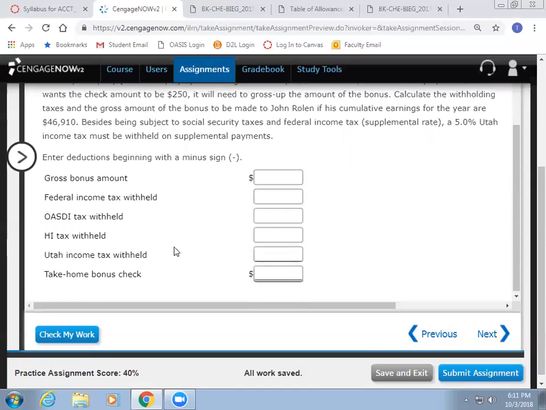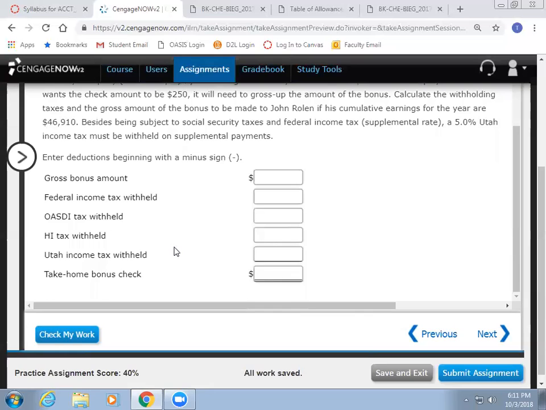Well, to gross up someone's pay, we're going to take the net pay that we want to get to, so the check amount we want to write. So we're going to take $250 and divide it by 1 minus all the different withholdings.